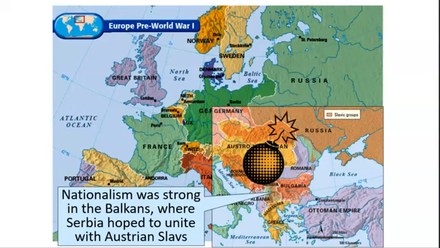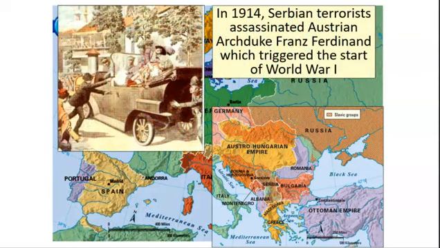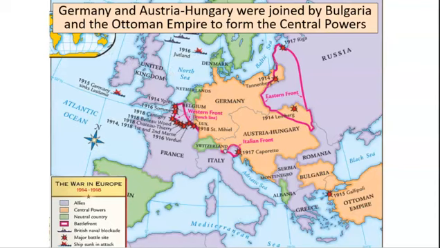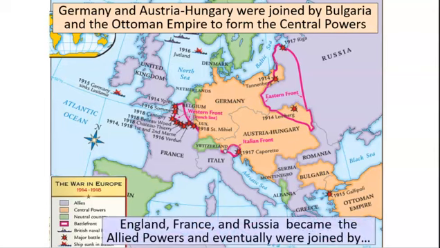But this area is going to be a ticking time bomb, because in 1914, Serbian terrorists assassinate the Archduke Franz Ferdinand of Austria. This triggers the start of World War I. Germany and Austria-Hungary are joined by Bulgaria and the Ottoman Empire, and they end up forming the Central Powers.